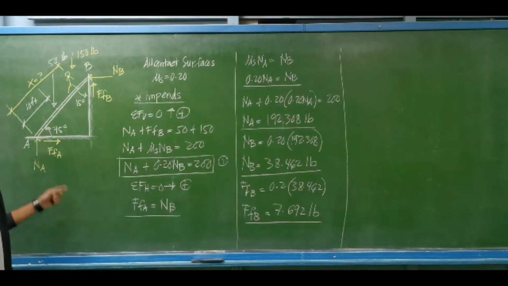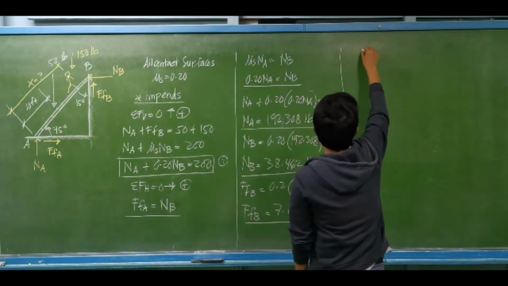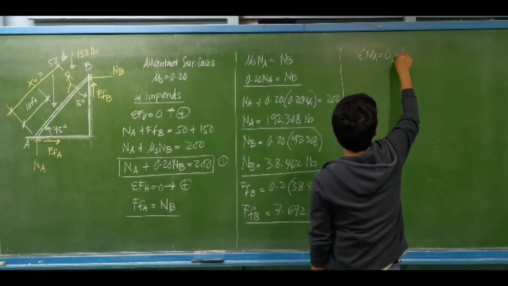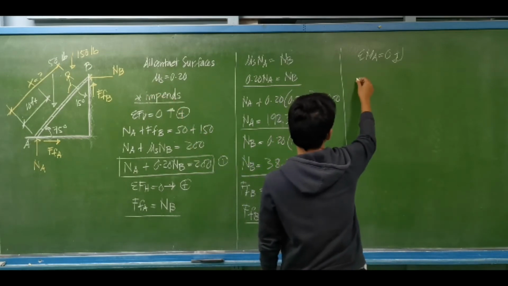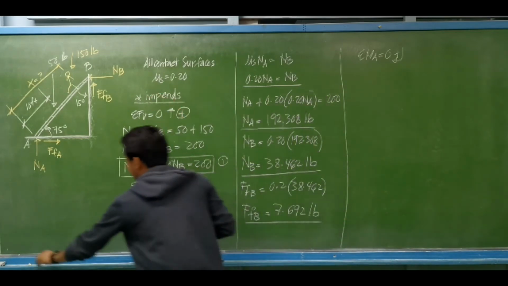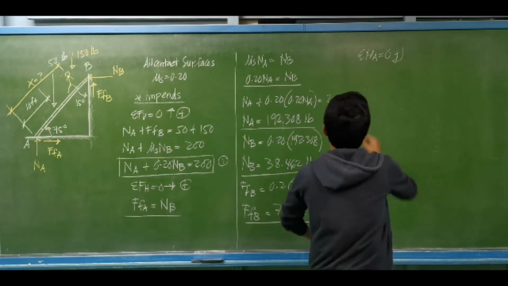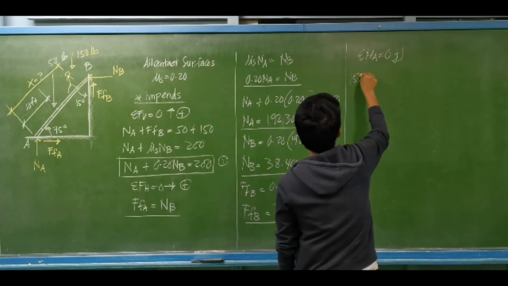Okay, so last thing to do will be doing summation of moment about point A to compute for the value of x. So this is the summation of moment at A equal to 0, clockwise moments to be positive. So let's have the weight of the man. The weight of the man is 150 pounds.